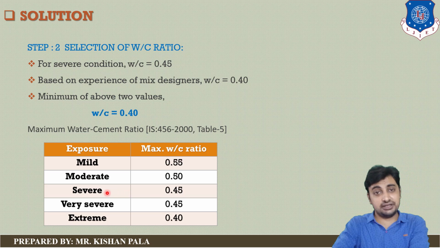After finalizing the maximum water cement ratio, you can take the water cement ratio based on experience. Based on the experience, I am taking the water cement ratio 40 percentage. It means water cement ratio is equal to 0.4, and I am taking the lesser value between 45 and 40 percentage. I am taking the 40 percentage of the water cement ratio. It means water cement ratio is equal to 0.4.